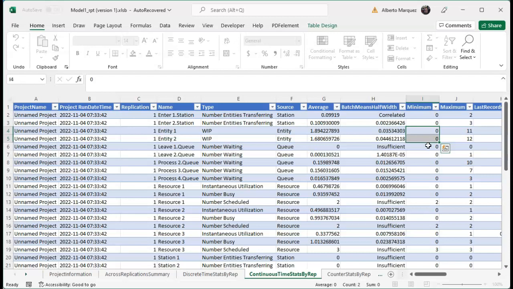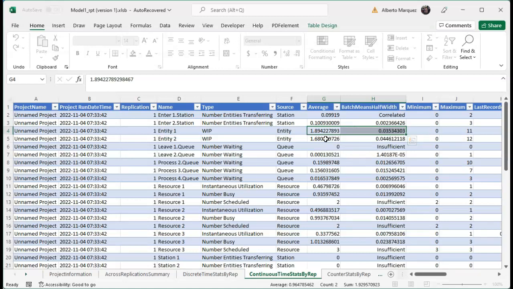Notice also that if the average is 1.89 and the confidence half-width is 0.03, the maximum value of the mean confidence interval would be at most around 1.92.